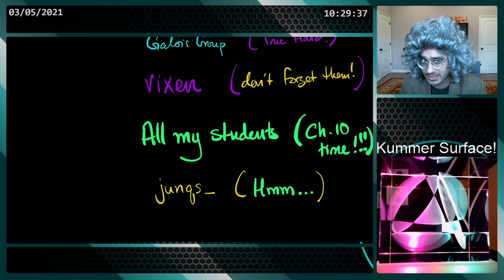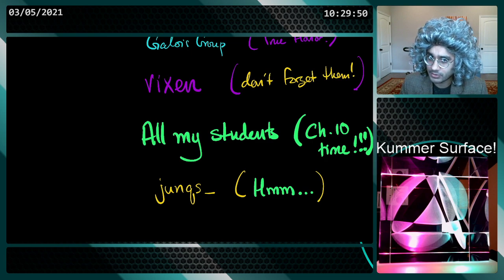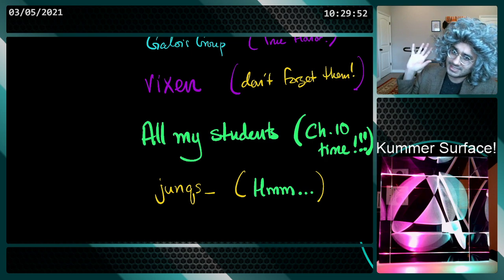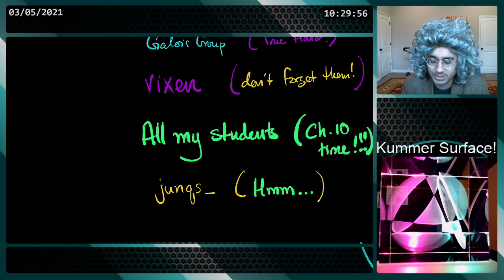In my experience with Calc 3, I'm not sure how much people actually digest in that very last week or so of those kinds of Calc 3s that pack all three versions of Stokes, low dimensional Stokes.